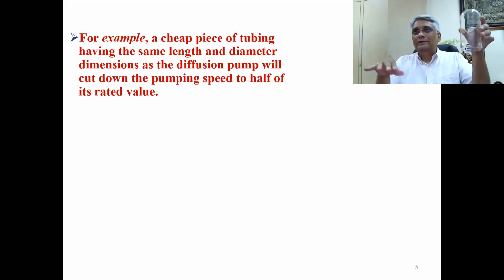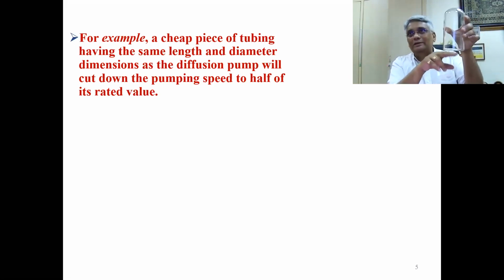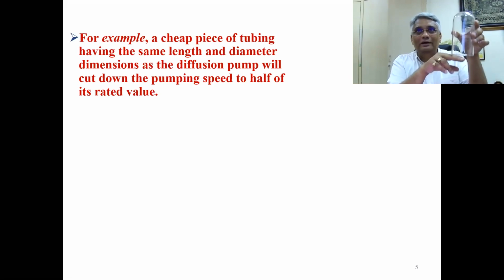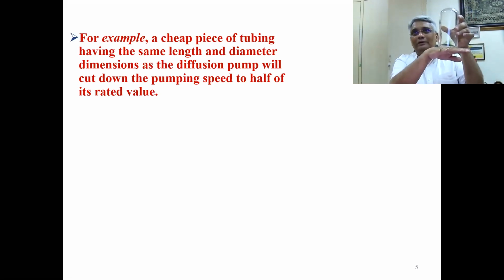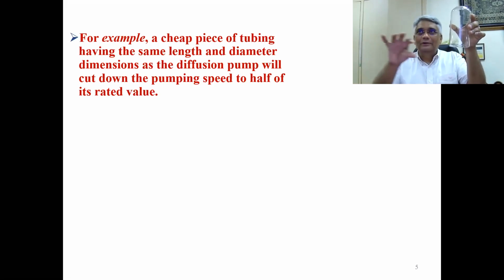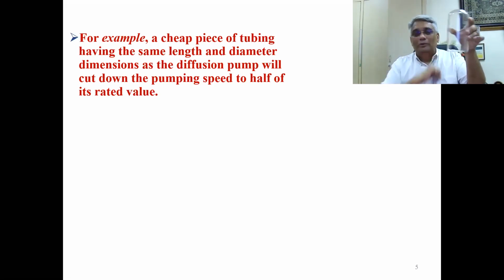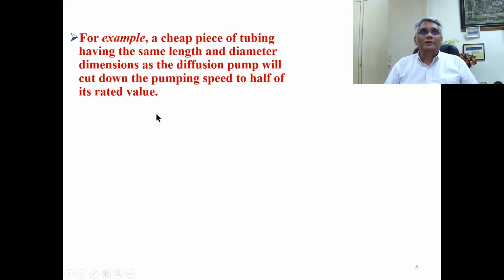So that's why I said the ideal situation is to connect the pump directly here. But if you are using an external pipe, you may not be able to achieve the same pumping speed at the inlet of the pump. So it's very important to choose the right length and diameter of these so-called pipes and ducts.